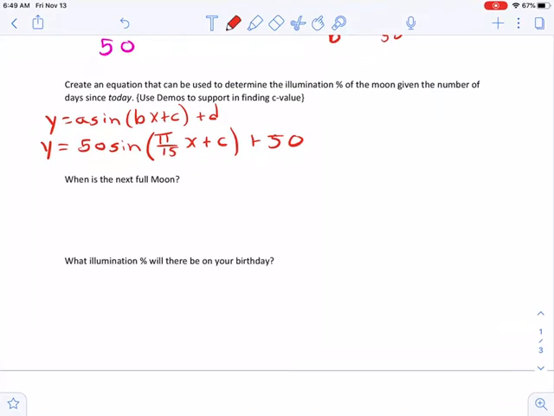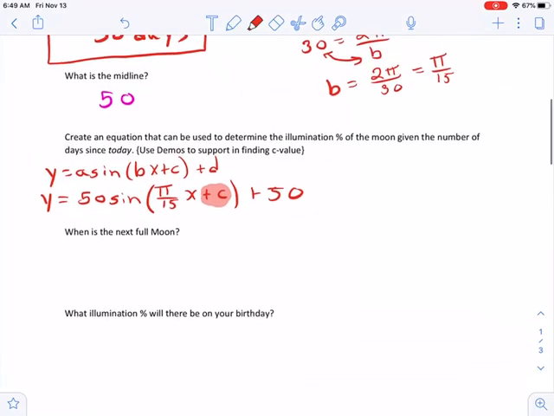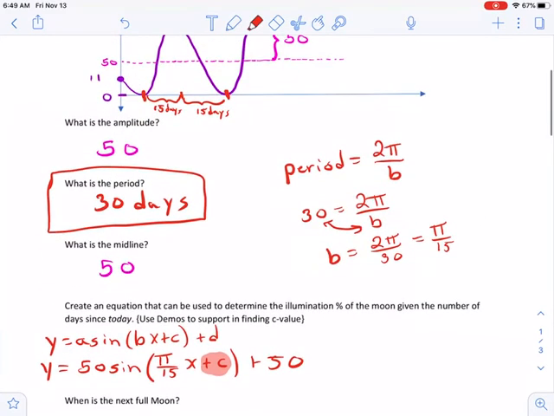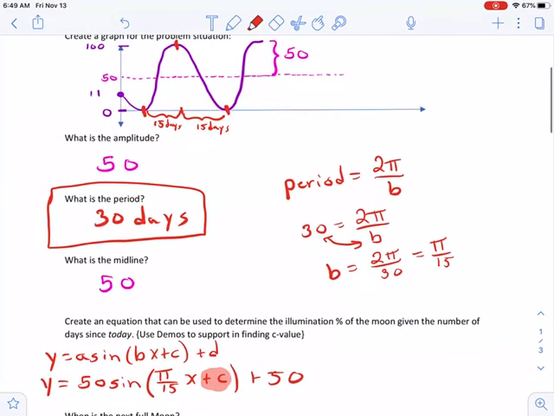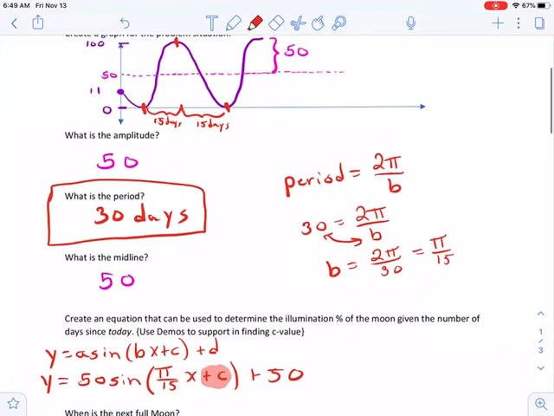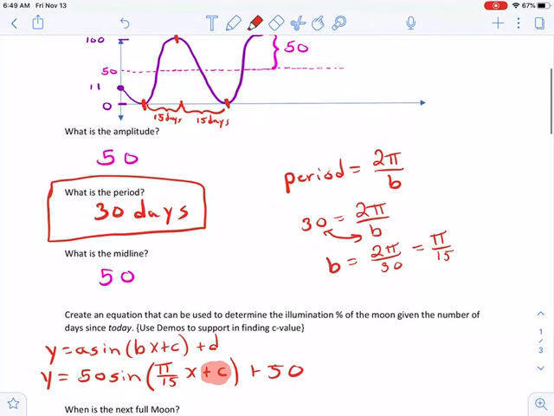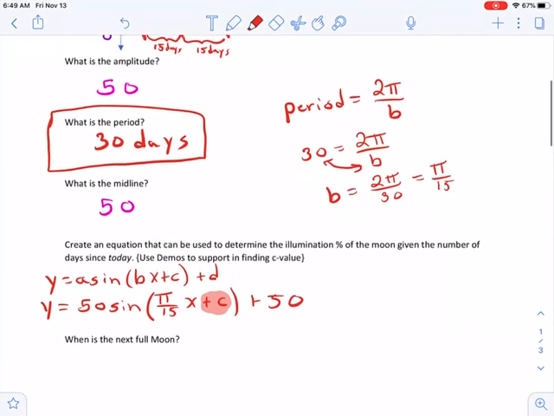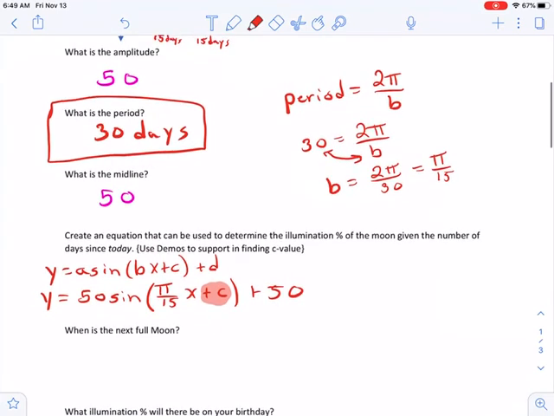The piece of this that we're missing is we don't know what the phase shift or the horizontal shift was. So if I go to graph this on Desmos right now, and I don't have that C value in there, it's going to assume that my moon phase is currently at 50 because sine always starts at the midline. What we want to do, and the remaining task here, is plug this into Desmos and add a slider for your C value.